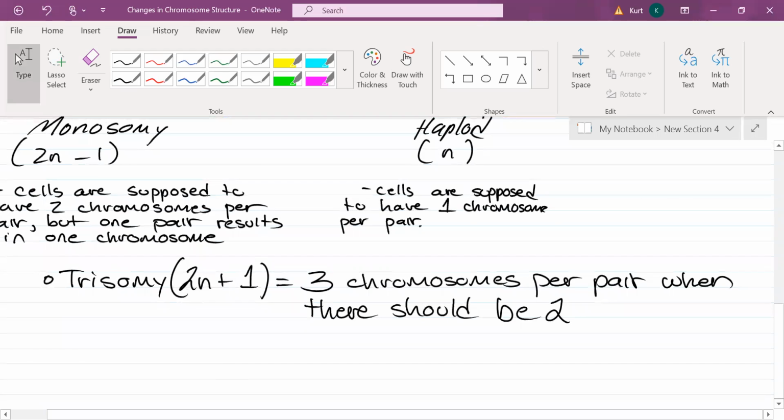This is something like Down syndrome. In Down syndrome, they have 3 chromosomes in pair 21. So Down syndrome is classified as trisomy 21. You say what condition they have, followed by the pair that is affected. So someone with Down syndrome has trisomy. Which pair? 21. It's called trisomy 21.